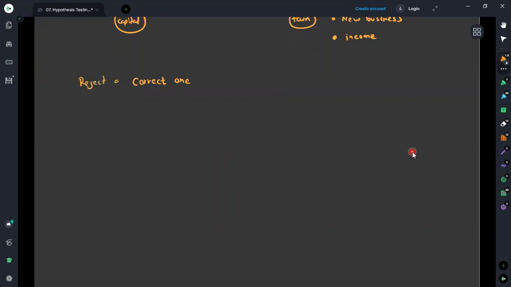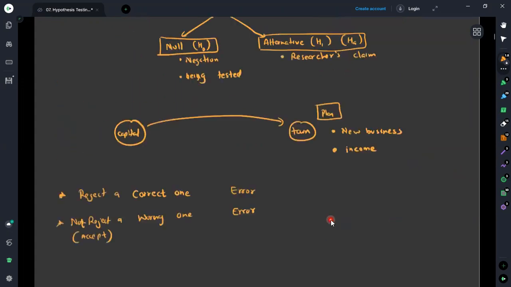If we reject a correct one, then this would be an error. If you are not rejecting a wrong one, or in other words, if you are accepting a wrong one, then this would be another error that we are making. Therefore, these are the errors that we consider as the type 1 and type 2 error.